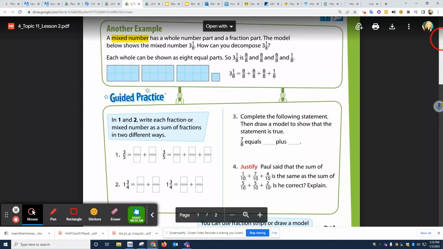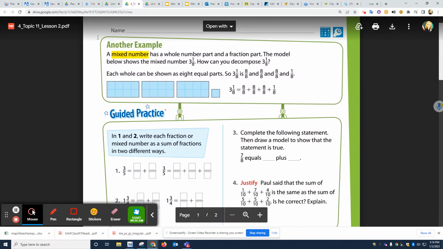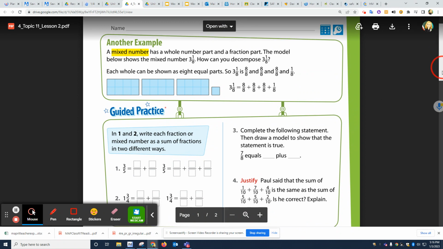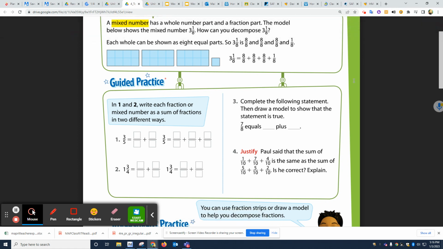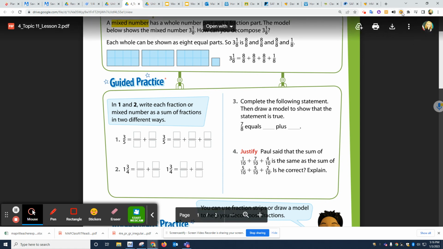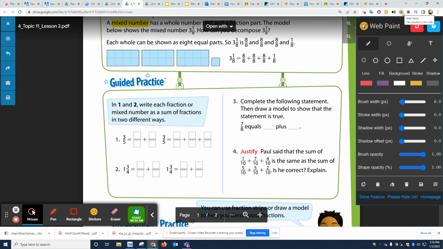Okay, let's take a look at these problems. The good news is they have an example at the top. I love that. Okay. If I'm looking at the guided practice, it says write each fraction or mixed number as a sum of fractions in two ways.